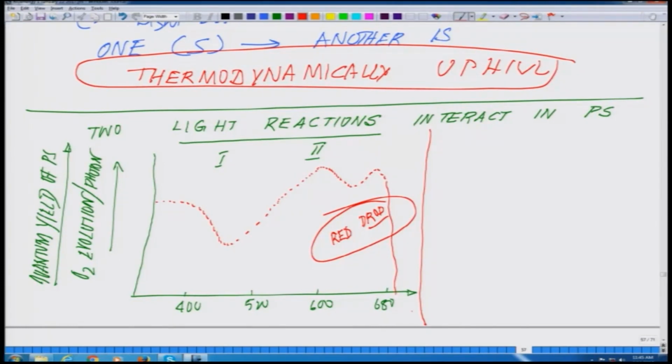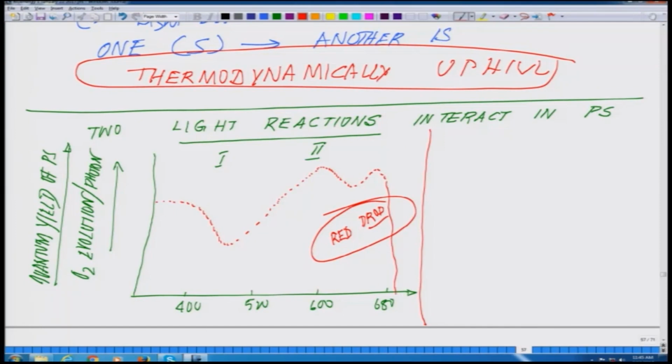So, what it says is that photosynthesis requires interaction of two light reactions, as we have already mentioned, photosystem 1 and photosystem 2, and both of them can be driven by light of wavelength less than 680 nanometer, but only one of them by light of longer wavelength.